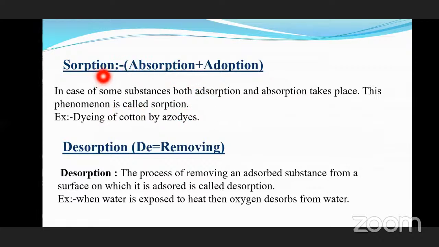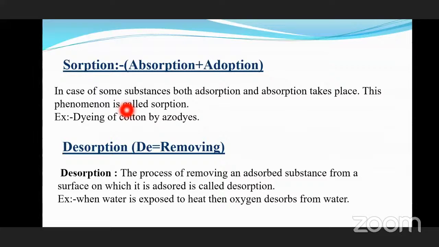Sorption is the occurrence of absorption as well as adsorption together. Sorption always contains absorption as well as adsorption.